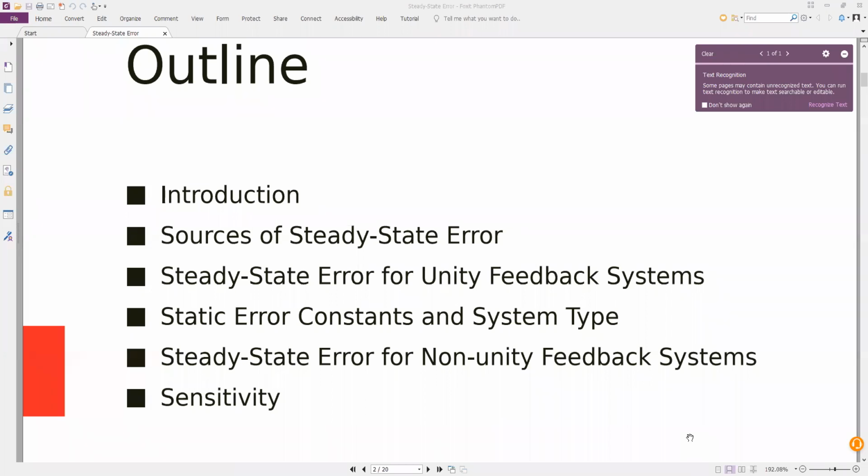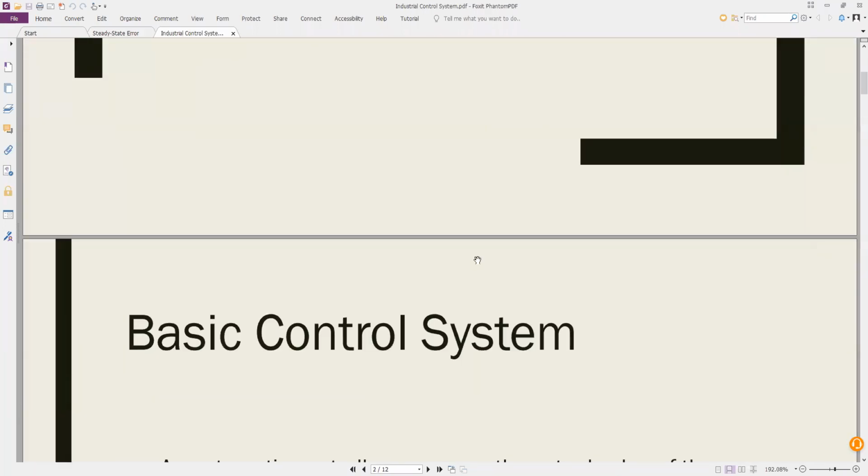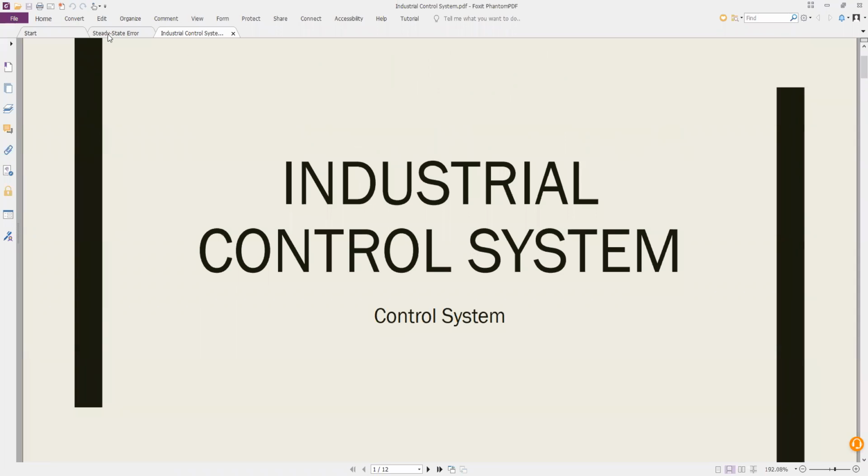Among these, I think I'll show you another thing, which is the industrial control system. I'll show this slide also today, inshallah.